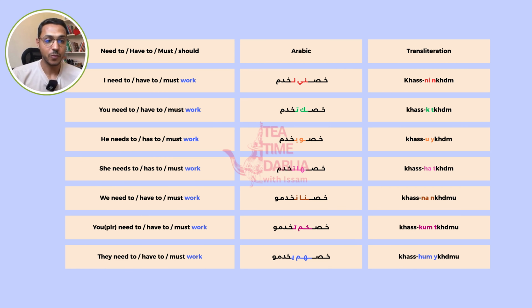Now on this table we have examples like I need to work, I have to work, I must work, I should work, you need to work, you have to work, and so on. The first example, I need to work or I have to work: خاصني نخدم. You see? نخدم. There is no ka.